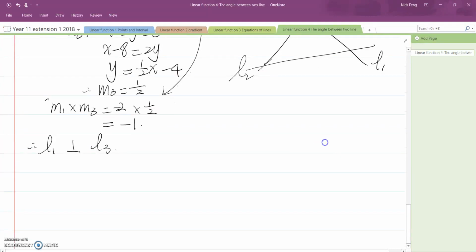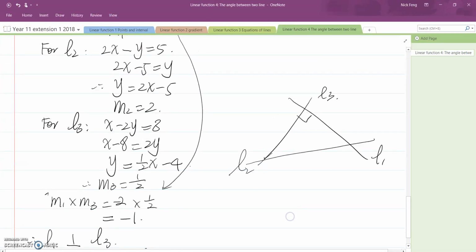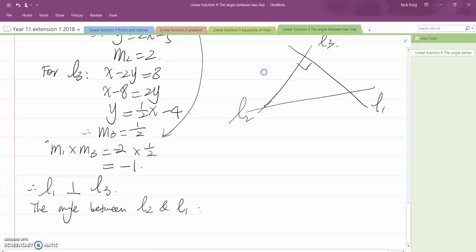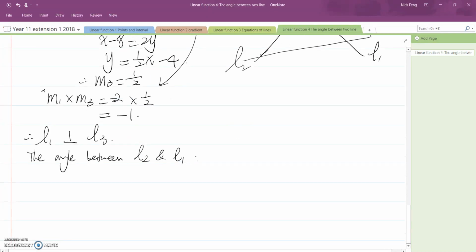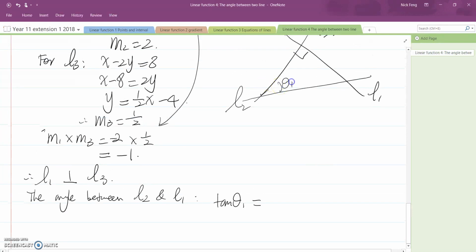Okay, so to find the angle between L2 and L1, using the gradients −2 and 2. Let's say tan theta 1 equals, because I want to distinguish between the two angles, theta 1 and theta 2, L1 and L2.